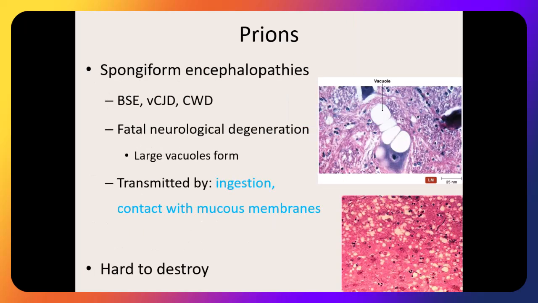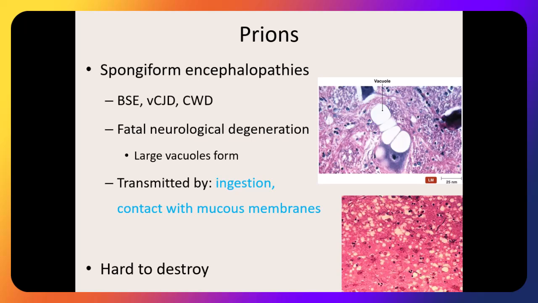So there are different prions. Because it affects the central nervous system and brain tissues, it ultimately causes a condition known as spongiform encephalopathy, a really fancy, weird, horrible disease name. The word pathy means disease, and encephalo means brain. So it causes a condition where your brain looks like a sponge.